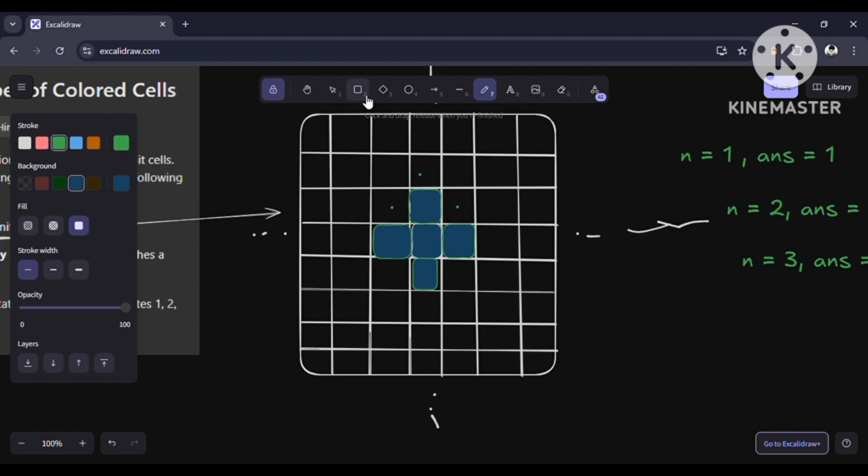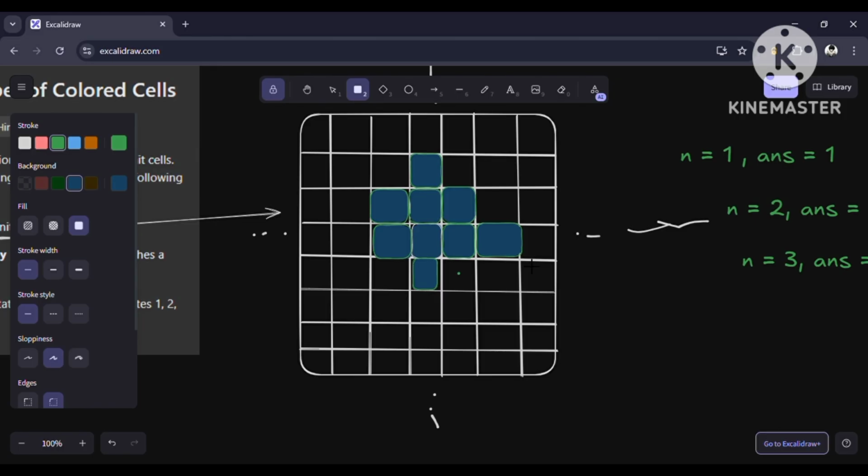So color these cells blue. Okay, this cell is colored, and this cell is colored. Next, for this cell, what are the cells that touch this cell? This one. So color these cells. Okay, colored. This cell is colored.